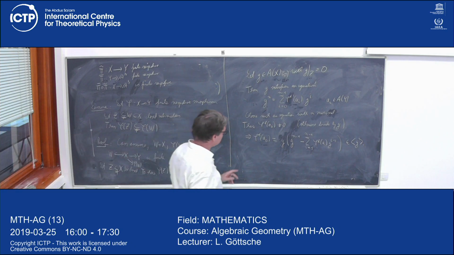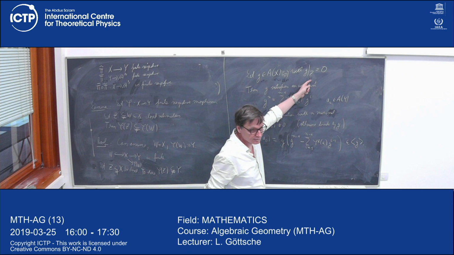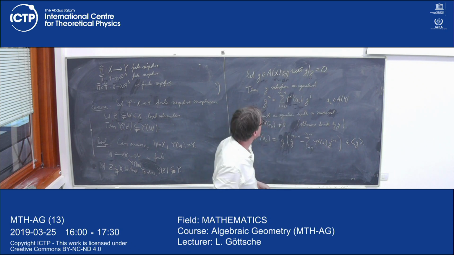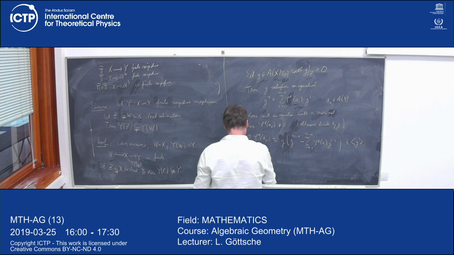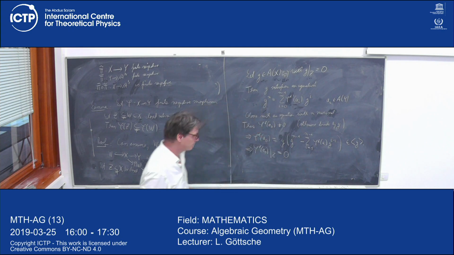So G restricted to Z is equal to 0. So this lies in the ideal generated by G, so this thing vanishes on Z. So it follows that phi star of A0 restricted to Z is 0.